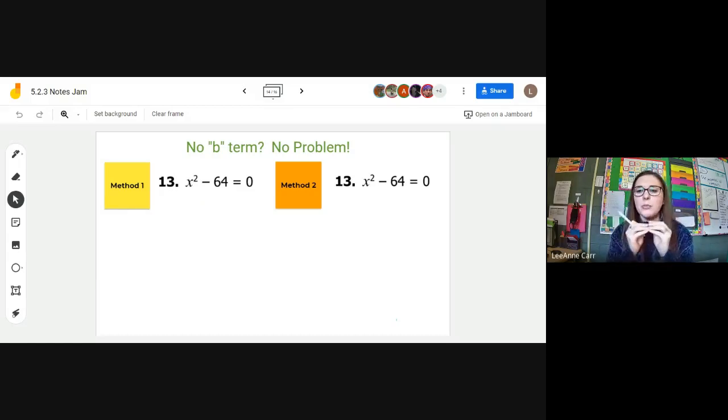There's no B. Normally there's like an x squared, and then there's an x, and then there's the number. I have the x squared. I have the normal number, the constant. I don't have that middle term with just the x. So that's weird. Then that means I won't be able to factor because I won't be able to think of numbers that multiply to C and add to B if I don't have a B value.